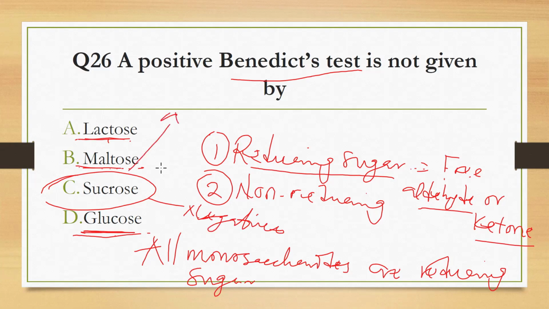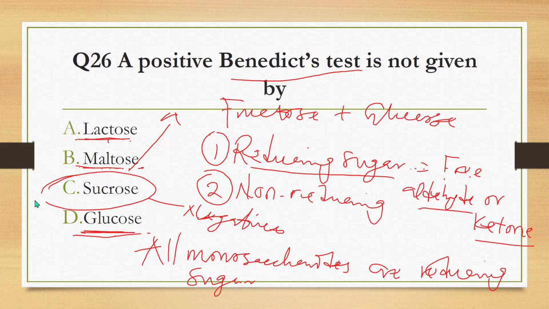We know that sucrose is made of two monosaccharide sugars, fructose plus glucose. So therefore the answer to this question is C.